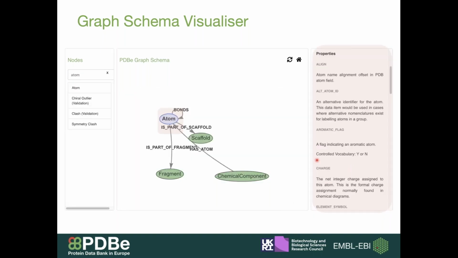And also, we started adding properties of nodes and relationships in this section, and we are rolling them out to other nodes and relationships. For instance, if you look for the atom node and click on it, on the right side there's a property section which gives a text description of each property that is defined in that node.